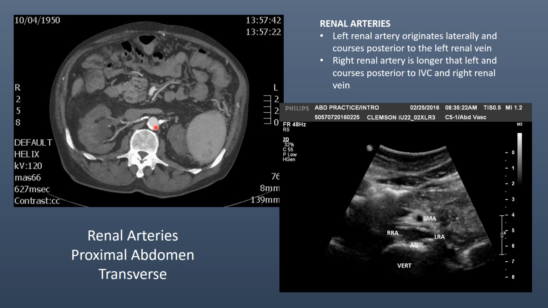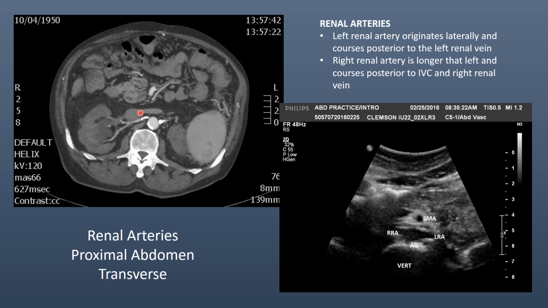So in this view on the CT, once again, aorta, right renal artery coursing here to the kidney, and left renal artery. We don't see the complete portion of it, but just the origin in this particular view on this particular patient. Here is left kidney, portion of the spleen.